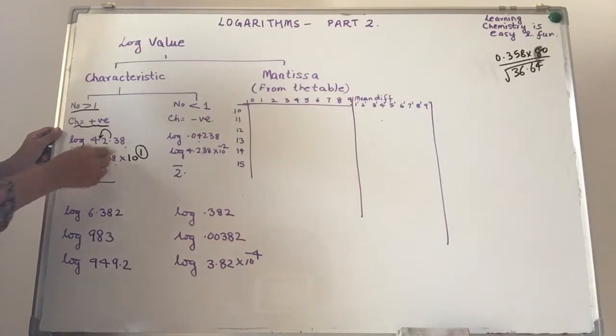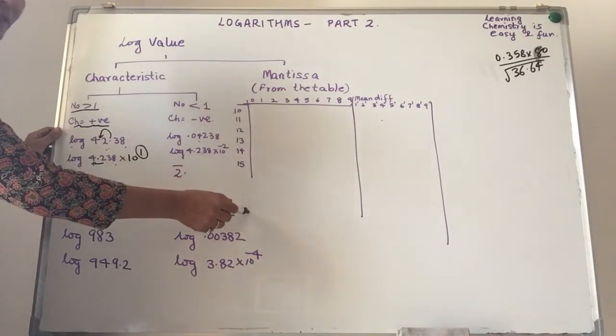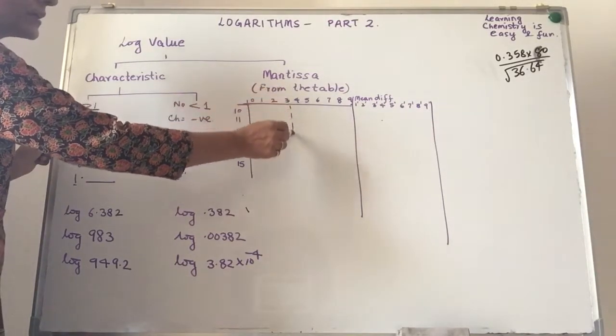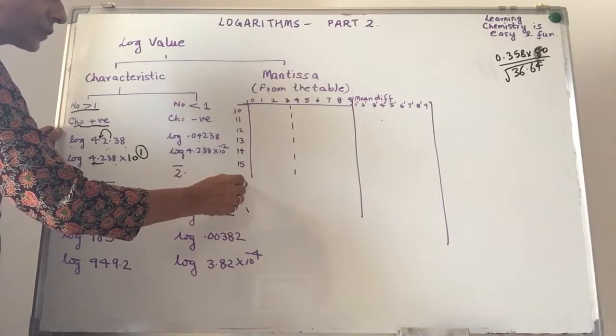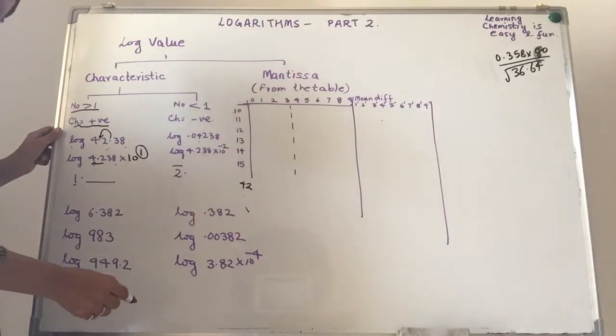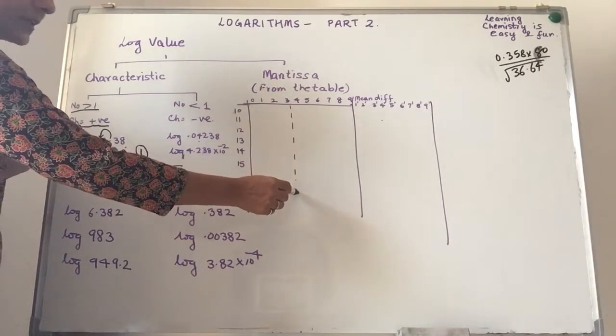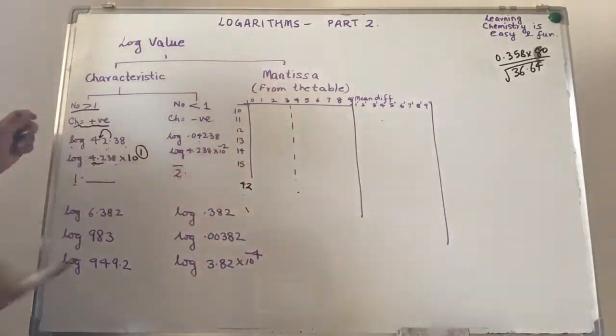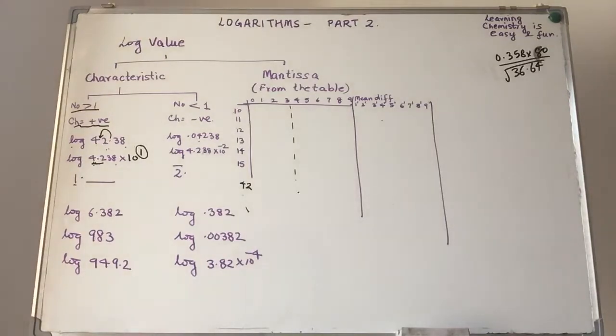Now look for 42 in this column, and see the value under 3. So you look out for 42 on your logarithmic table, 3 over here and then 8 over here. Whatever value you get under 3 and then 8, please add it up.